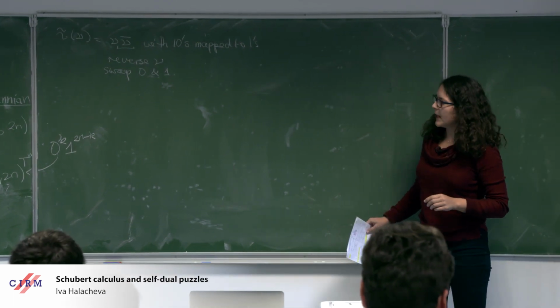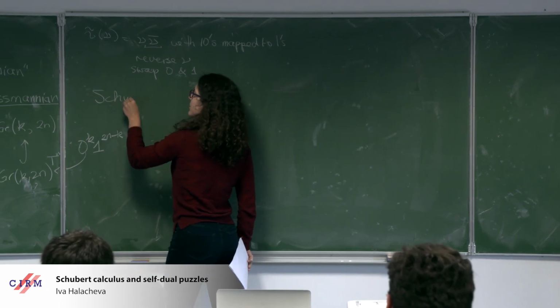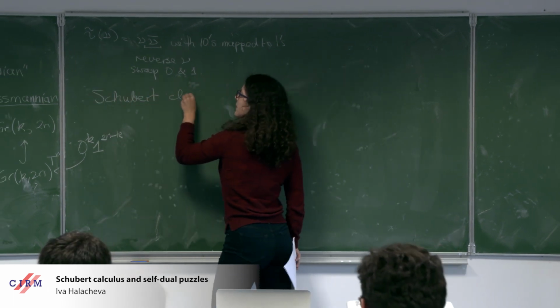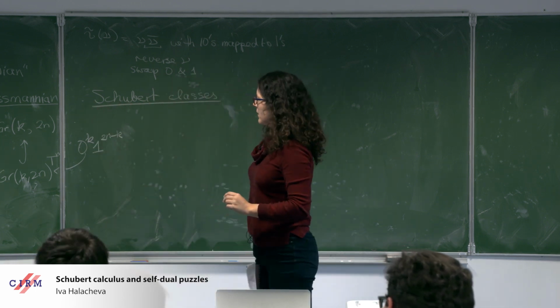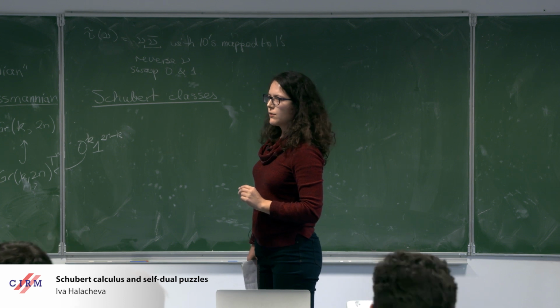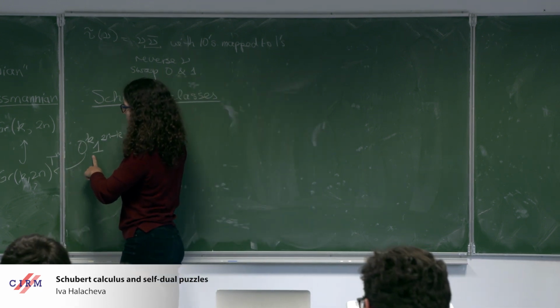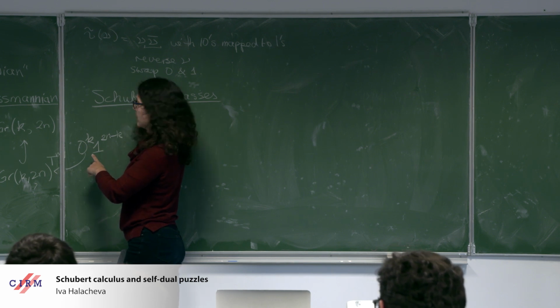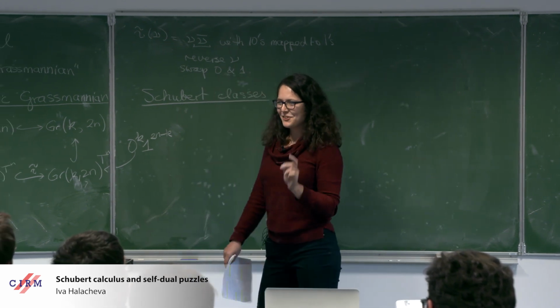So now that we've set up our Grassmannians, we'd like to think about Schubert classes corresponding to them. Did you mean the statement about fixed points for the normal Grassmannian or for the symplectic one? Yes, that's a good point.